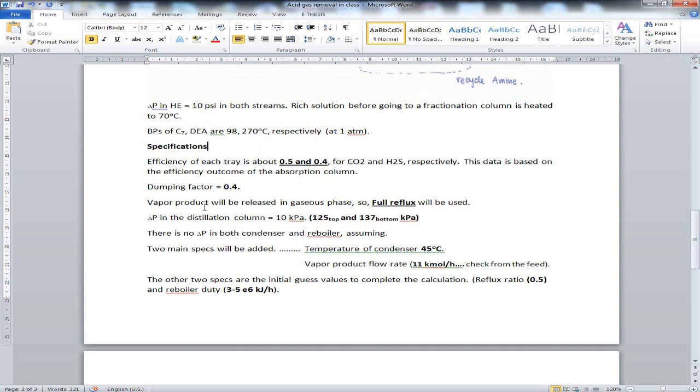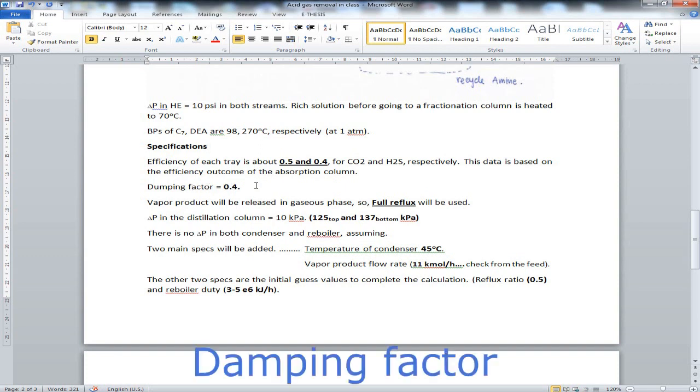Then we will reduce the effect of the oscillation for the calculation. So the damping factor will be reduced to 0.4, and this will speed up the calculation to get to convergence.